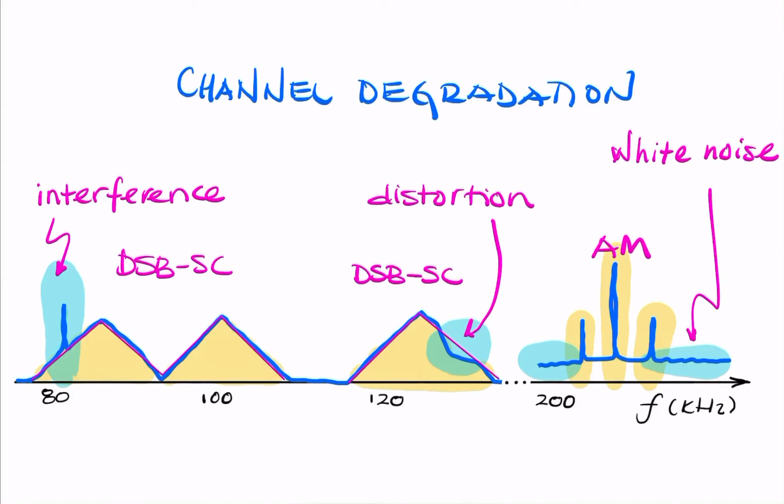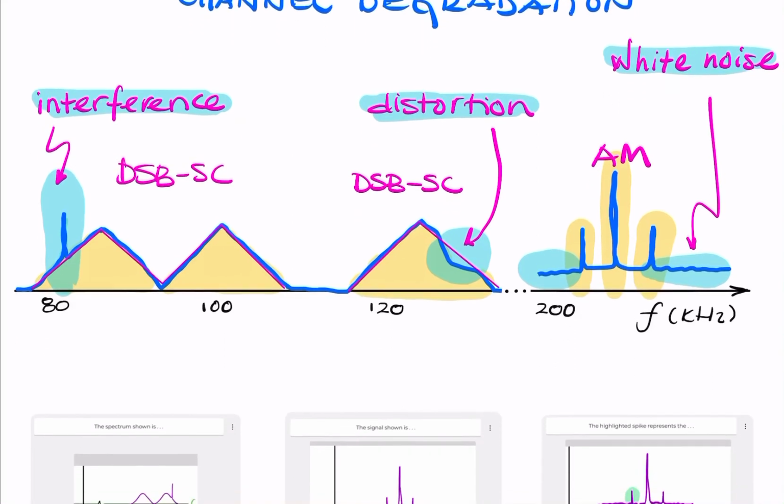So this is what noise would look like in the frequency domain. So we've got an interference component, we have distortion, and we have white noise, all affecting the spectra in different ways.